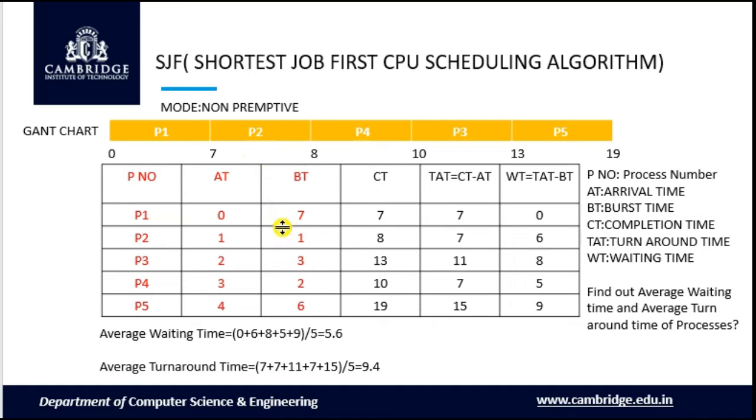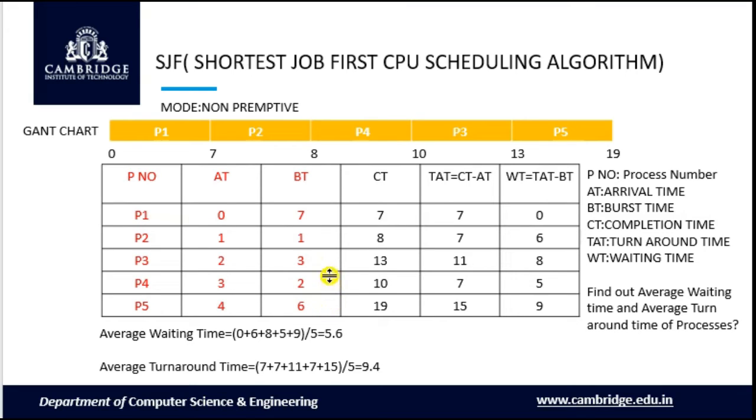You have to add the P2 burst time of 1 to 7, where P1 completed. 7 plus 1 is 8. Next, P2 is over. We compare P3, P4 and P5: P3's burst time is 3, P4's is 2, P5's is 6.